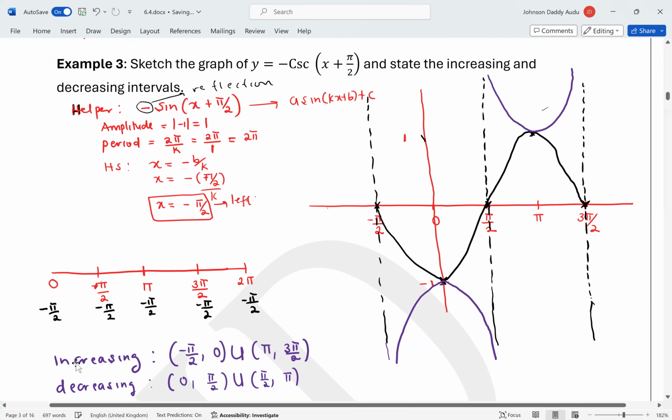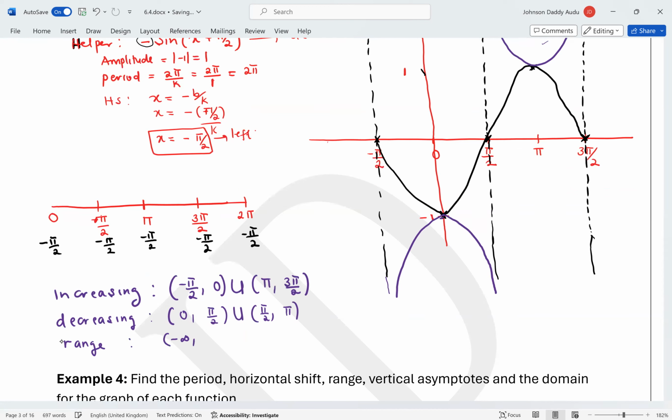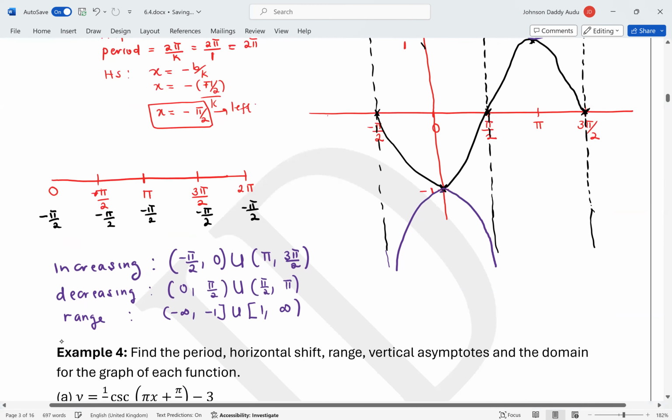Okay. Now let's add something. Let's say we are also interested in the range. What is the range of this graph? The range you can see is just from minus infinity to minus 1, close, union, 1 to infinity. All right.